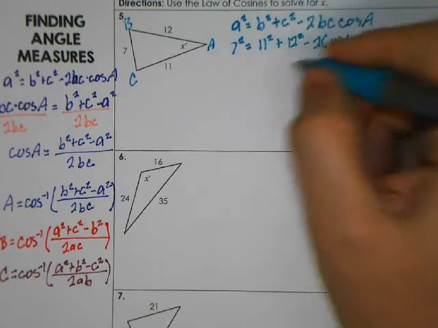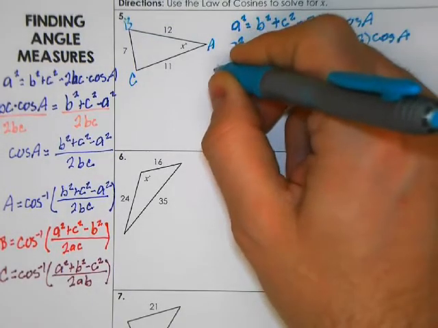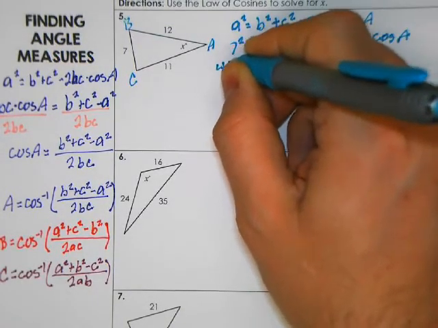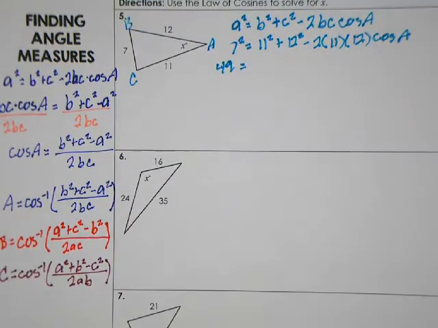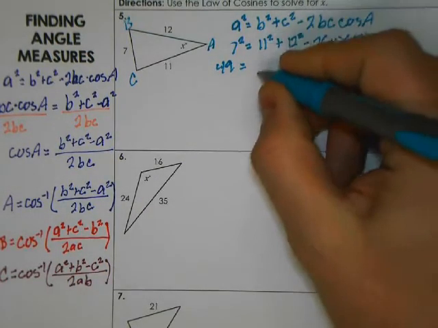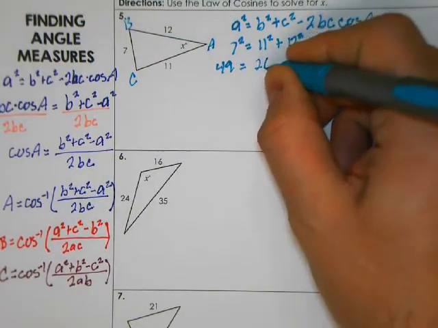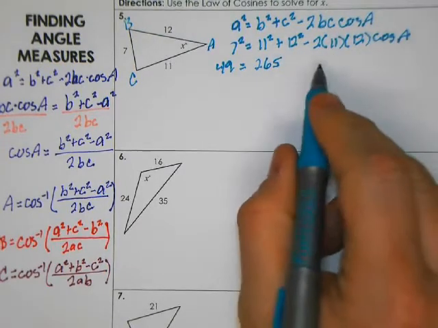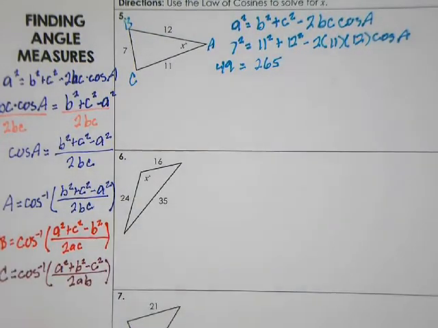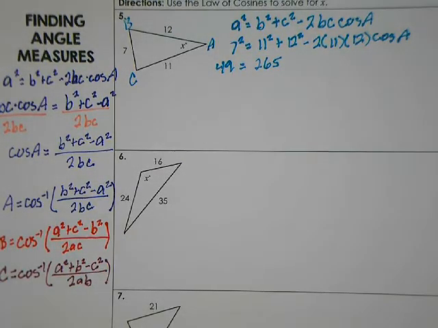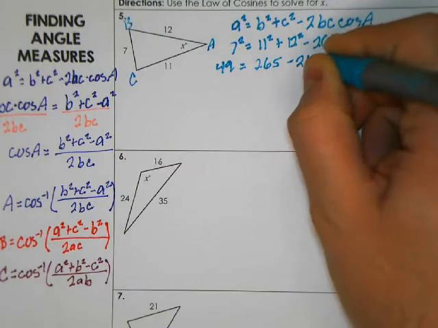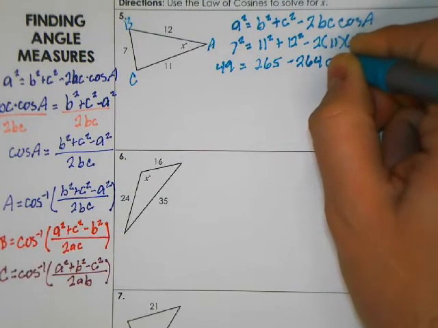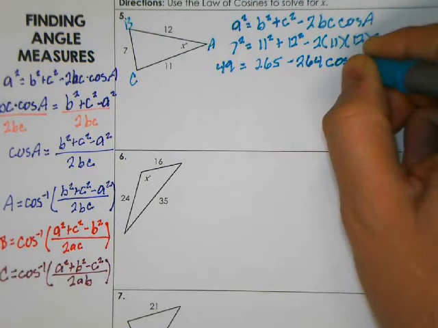Let's see what we get here. This will be 49, and 11 squared plus 12 squared, which is 121 plus 144, will be 265. And 2 times 11 times 12 will be minus 264 times the cosine of the angle that we're looking for.